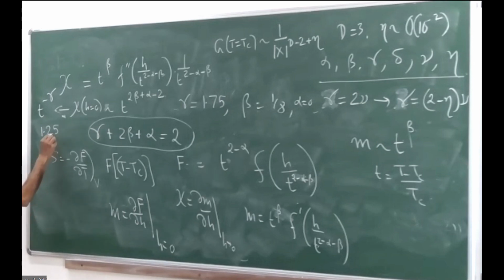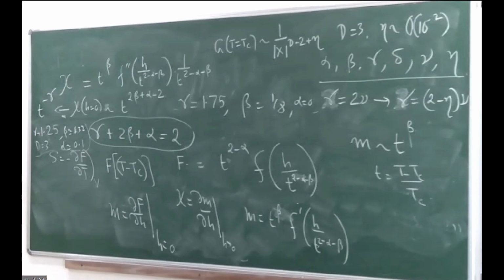So this is D equal to 3 fluids, and 1.25 for gamma. Beta was approximately 0.32 and alpha was about 0.1. So that was the situation for the experiments over there. So you can see 0.64, 0.74 and 1.25.